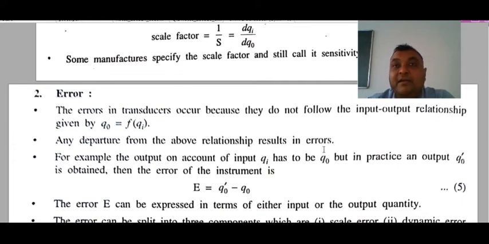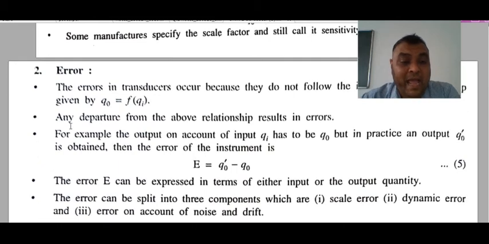Definitely अगर वो प्रॉपर फॉर्मेट या प्रॉपर रूल्स रेगुलेशन फॉलो नहीं करेगा कोई भी चीज में, नॉट इवन इन अवर ट्रांसड्यूसर, whatever the machines that we build to perform a particular task in a particular way, if it will not perform with those rules, then definitely it will give you an error for this particular function. Okay, so any departure from the above relationship results in error.